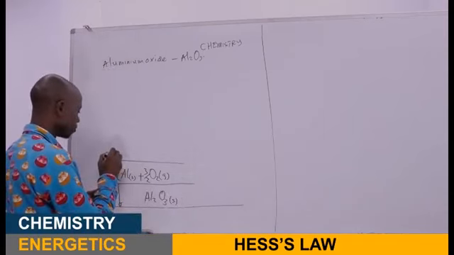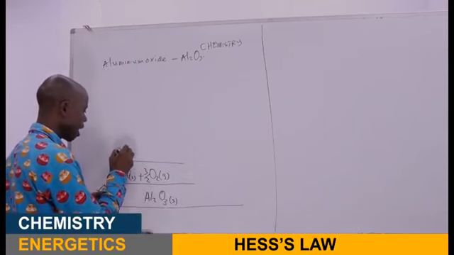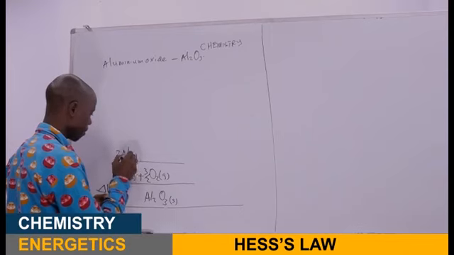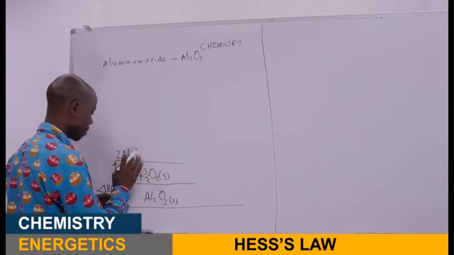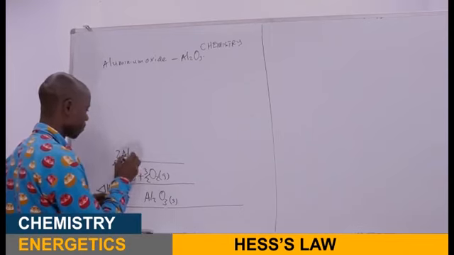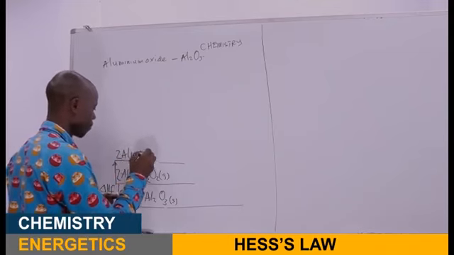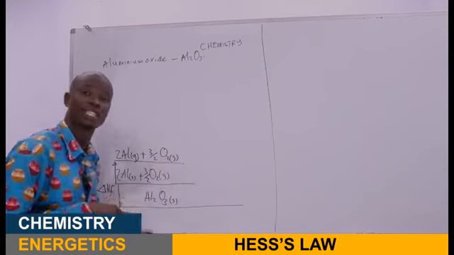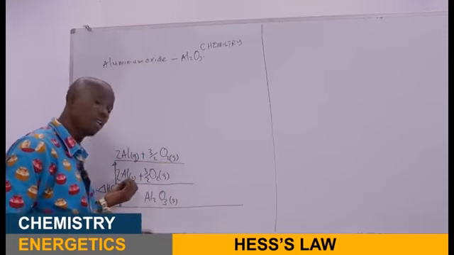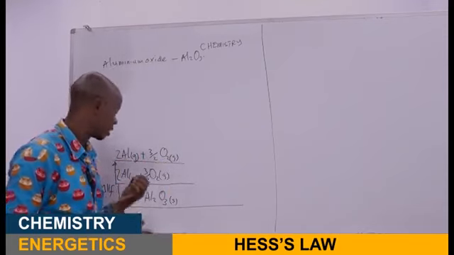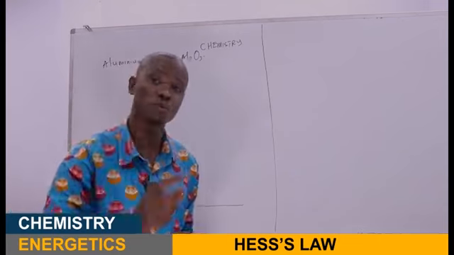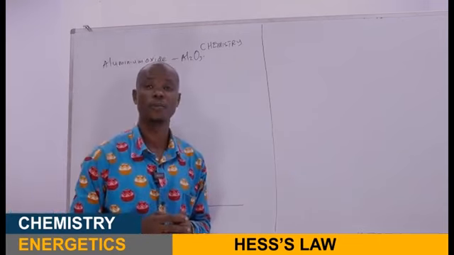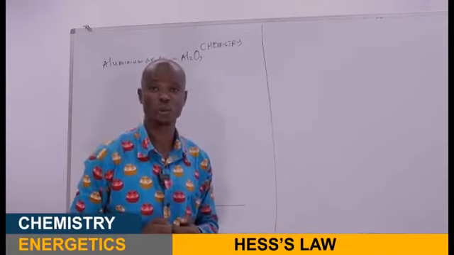So we have 2 aluminum. So that is the conversion. Aluminum solid is converted into aluminum gas. What is the name of that process? Hope, my dear students, we are together.